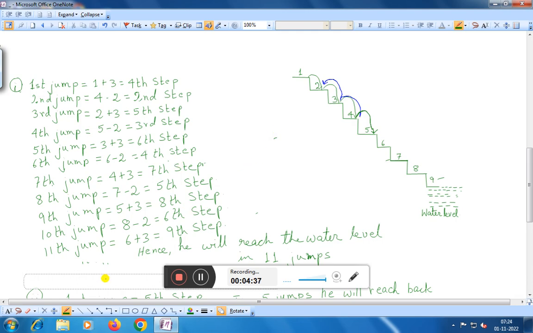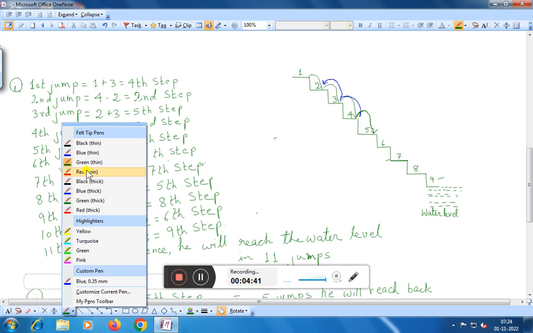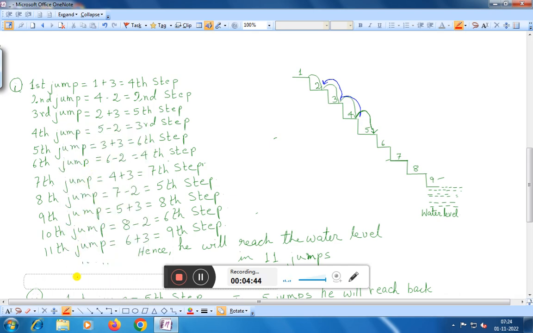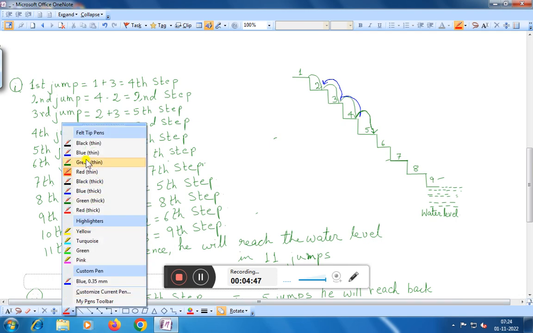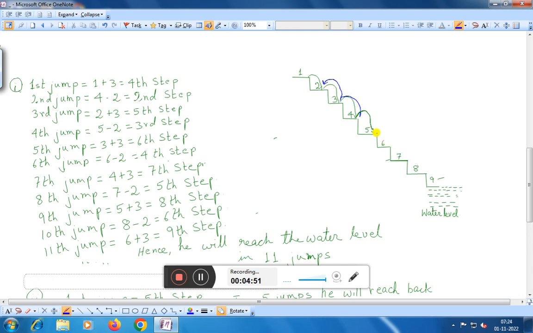Again he goes 2 steps backward, that means from 5 he goes 2 steps, the first step and the second step, and then he comes to the third step. So 5 minus 2, he again goes to the third step, right? That is the step we have come to.